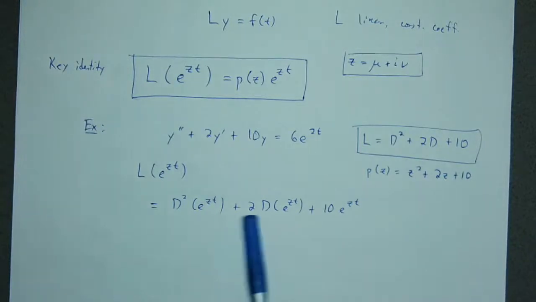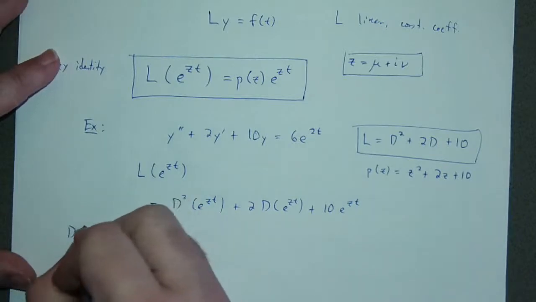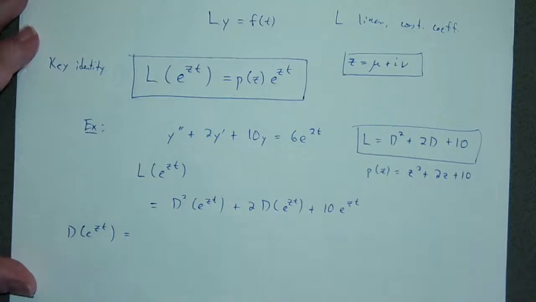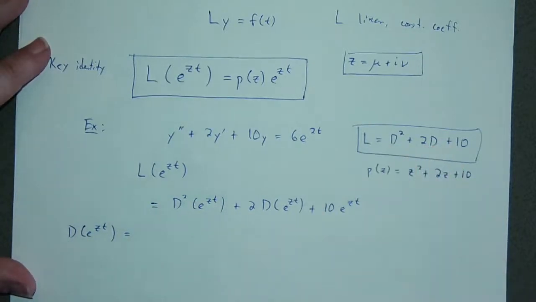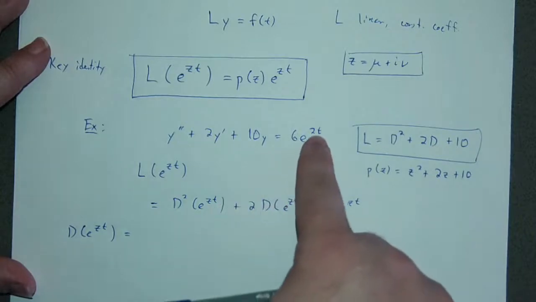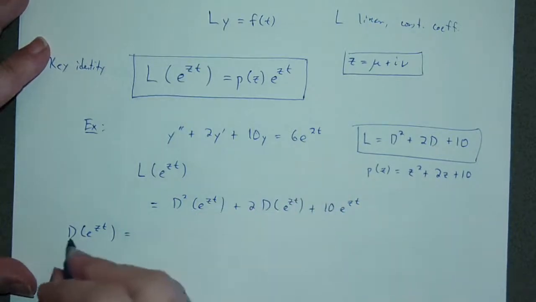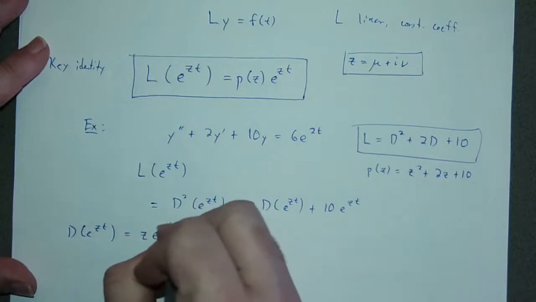Let's see what this is. What is d of e to the zt? This d is with respect to t, right? This is a differential equation of variable t. So the derivative with respect to t of e to the zt is z e to the zt.